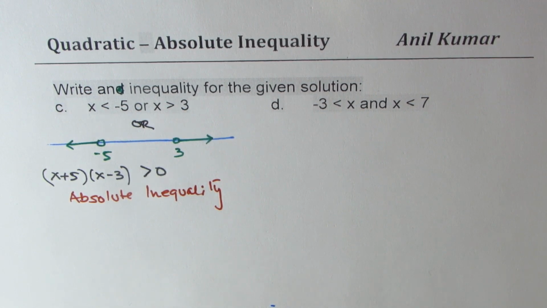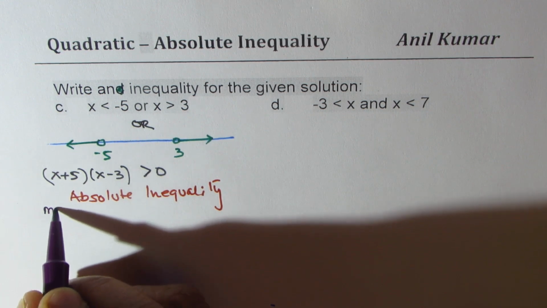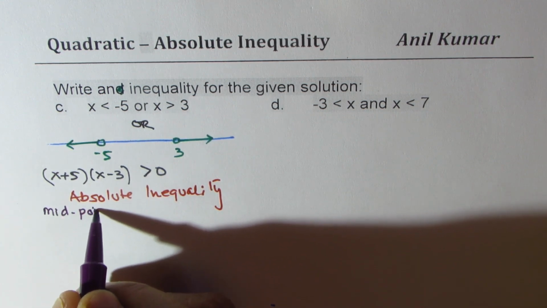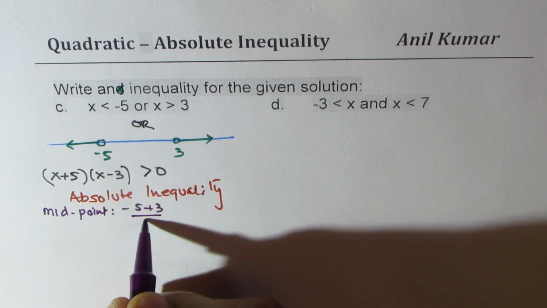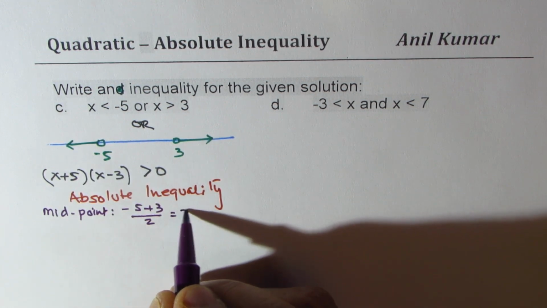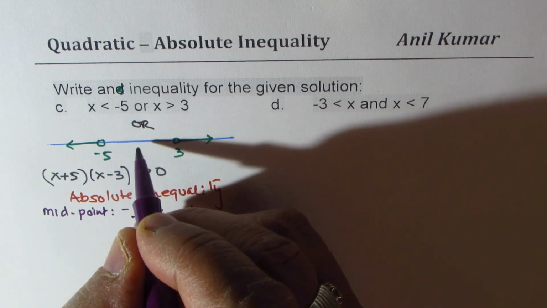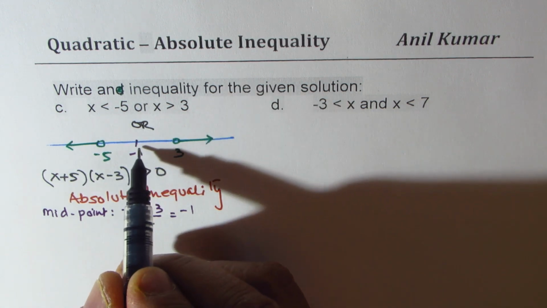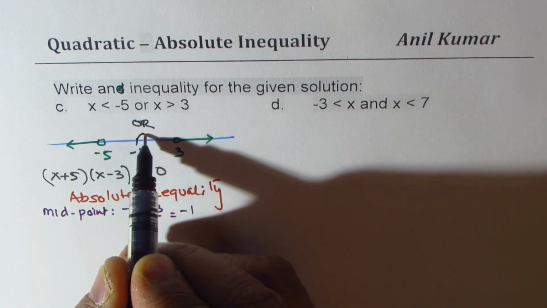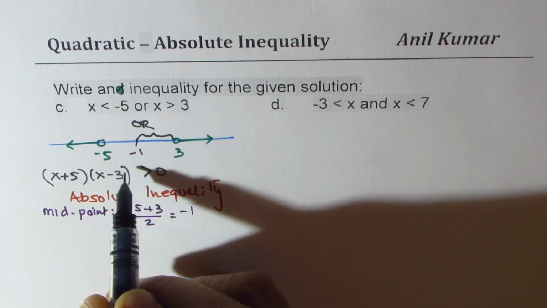So what we do here is to find a midpoint. So midpoint here is minus 5 plus 3 divided by 2, which is minus 1. So at minus 1 we have midpoint. From midpoint, how far are we? So this distance is how much? That is what we need to see.